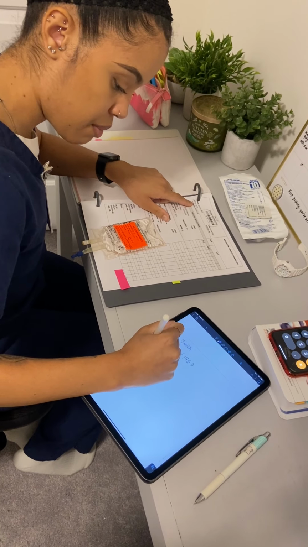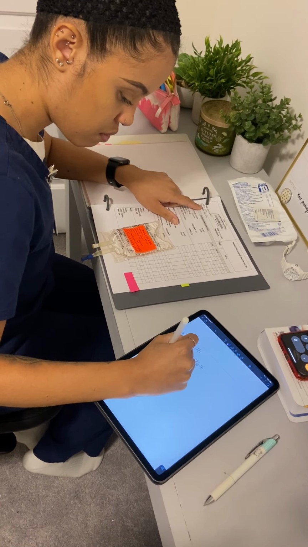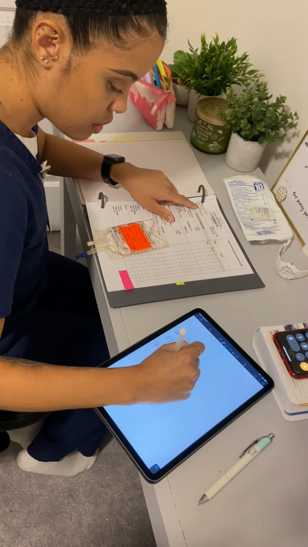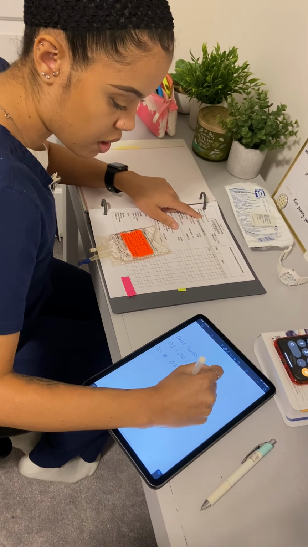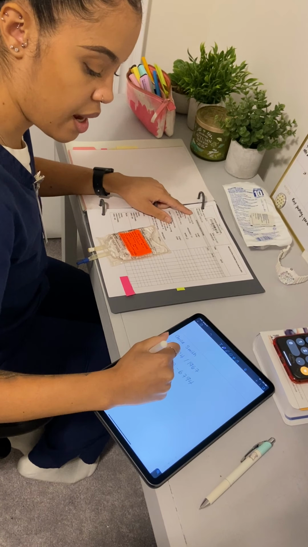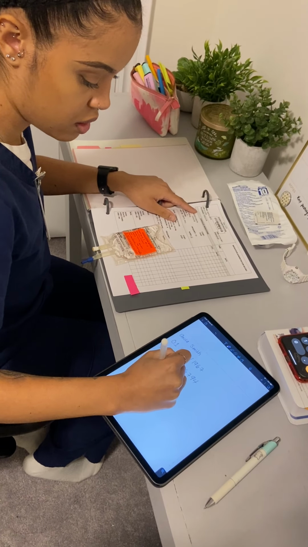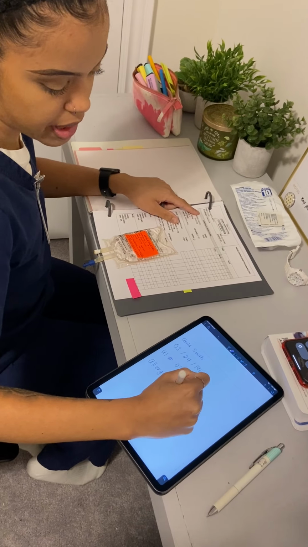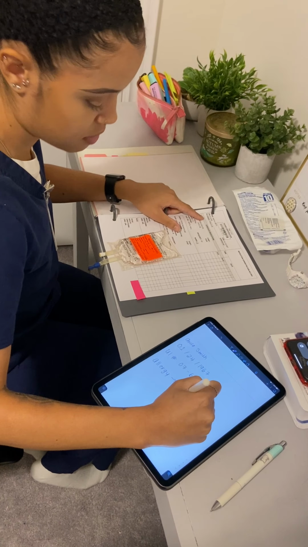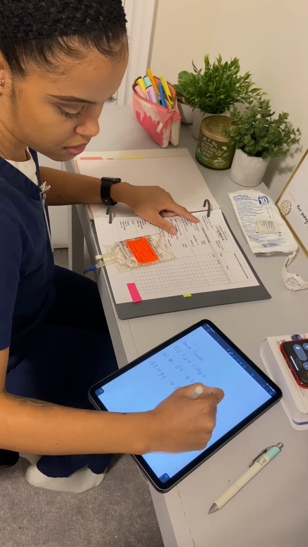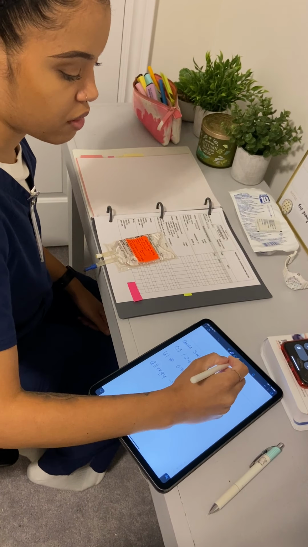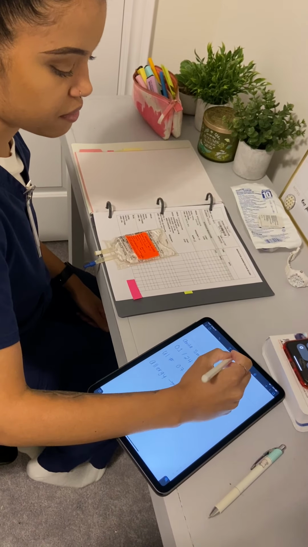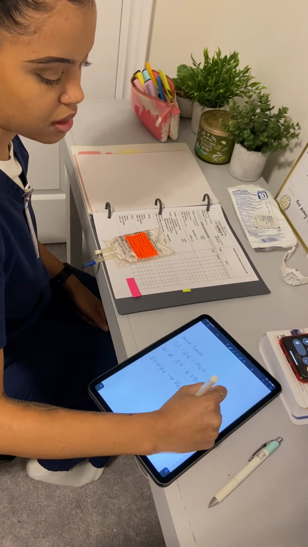Her UI number is 076794, and she has an allergy to penicillin. Oops, spelled that wrong. Penicillin.